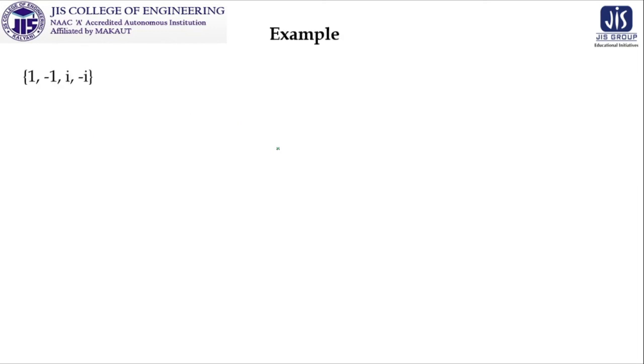Now we are going to state some examples. This is our set S. So we can see that it is non-empty. If you observe it very closely, you can see that it is nothing but the set of roots of 1 raised to power 4, meaning the fourth roots of 1, and there are 4 roots: 1, minus 1, i and minus i.